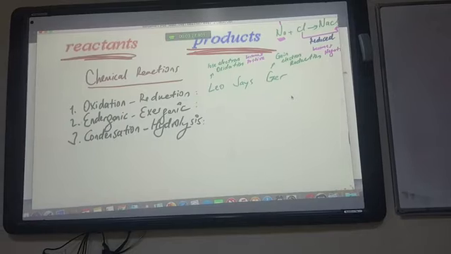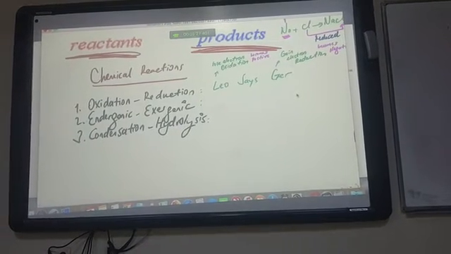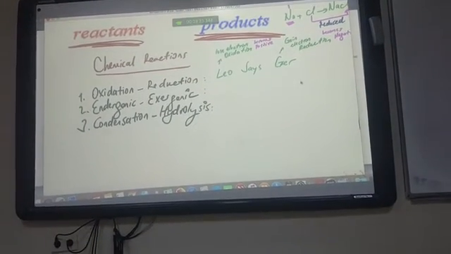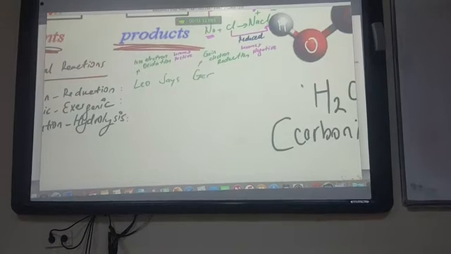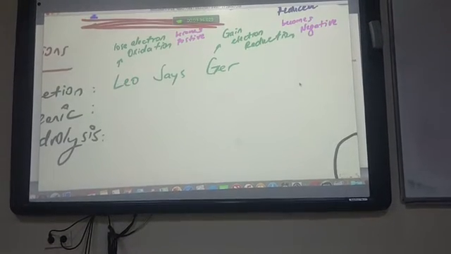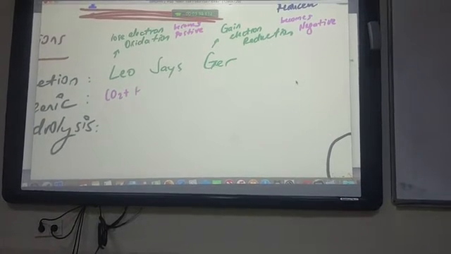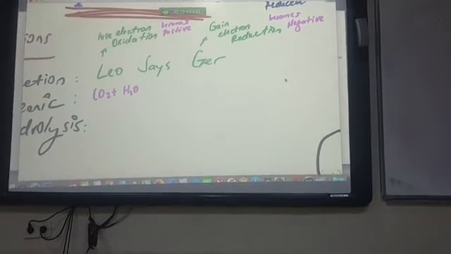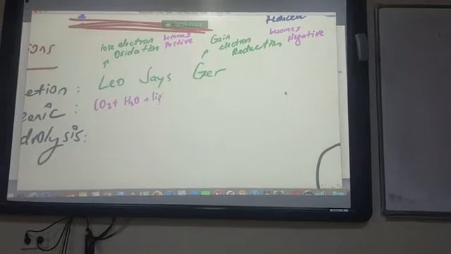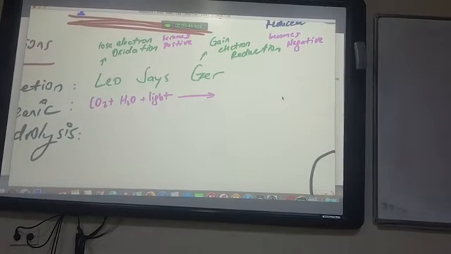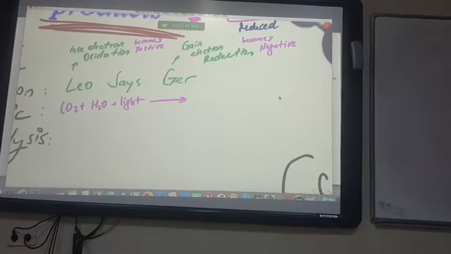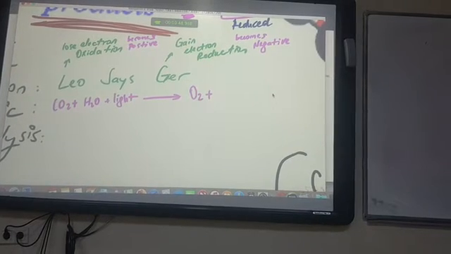Now, what about the second one? Anabolic and catabolic reactions. Here, I would like to give this example again. For photosynthesis: carbon dioxide, water, and light, producing oxygen and glucose.